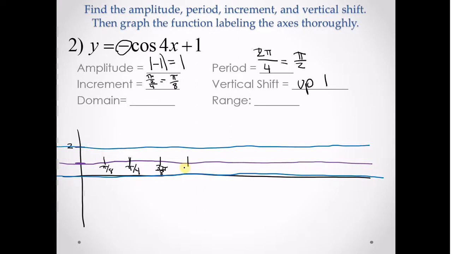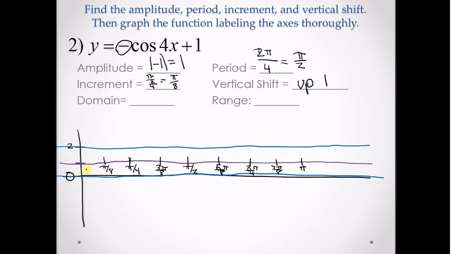And then 4 pi over 8, which is pi over 2. 5 pi over 8. 6 pi over 8 is 3 pi over 4. Right here, 7 pi over 8, and then 8 pi over 8, which is pi. Oh, forgot to mark that. That's 0. There we go.